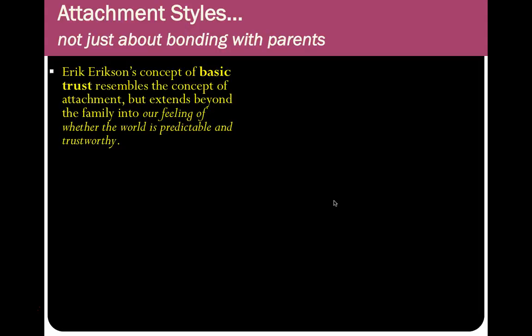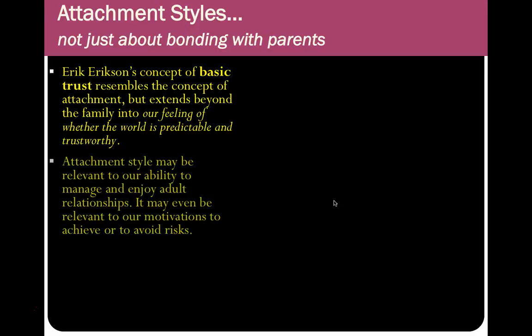That resembles the concept of attachment, but it extends beyond the family into our feeling of whether the world is predictable and trustworthy. We're more likely to get that when we become securely and satisfactorily attached in that first year.